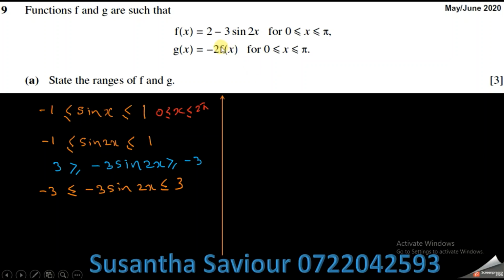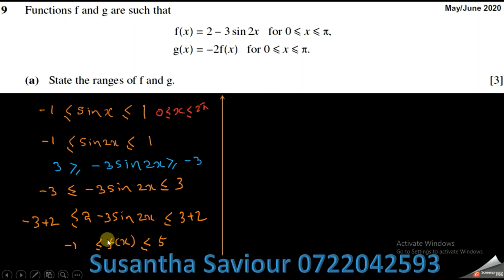Now for f(x), there should be a plus 2 here, so we will add 2 to each and every place. So plus 2, minus 3, plus 2 minus 3 sin 2x, plus 2, 3, right? And this is minus 1, this is f(x), this is 5.